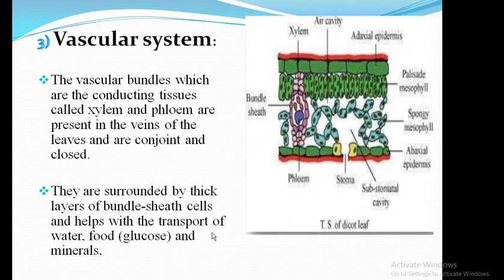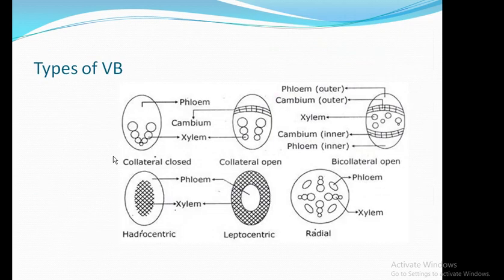I said here that in the dicot or dorsiventral leaf, vascular bundles are conjoined and closed. If you look at these slides, they are conjoined and collateral. Collateral means here one is the xylem and another is the phloem.